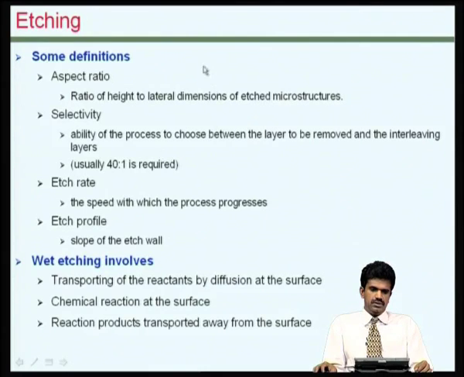Wet etching involves transporting of the reagents and some kind of a chemical reaction and removal of the products of this chemical reaction. That is how we make wet etching happen.